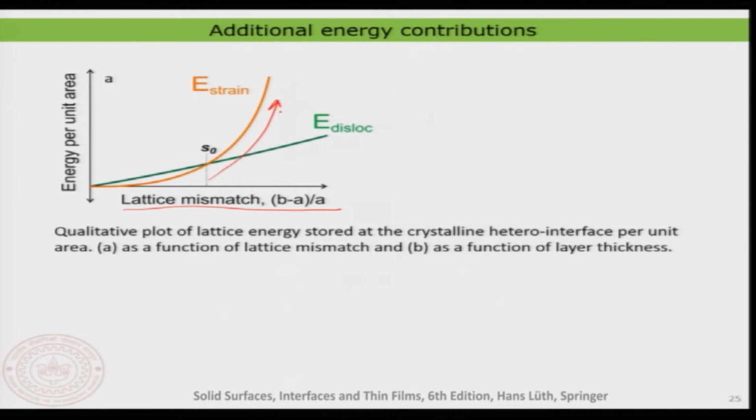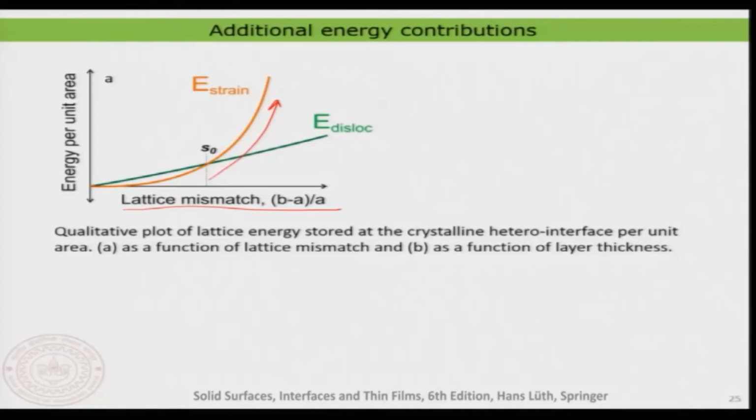The energy contribution that you deposit at the interface increases exponentially to a very high amount. So that basically means that you cannot keep on increasing the strain. There is going to come some particular point where everything is going to just do something differently.